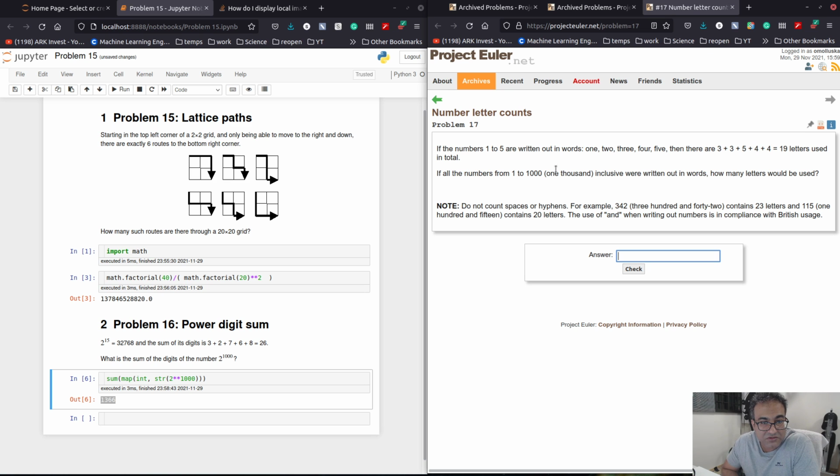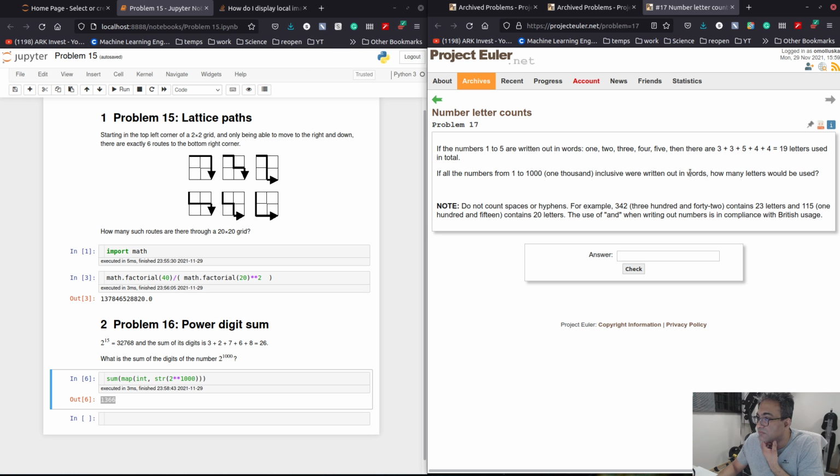If the numbers 1 to 5 are written out in words, one, two, three, four, five, then there are 3 plus 3 plus 5 plus 4 plus 4, 19 letters in total.